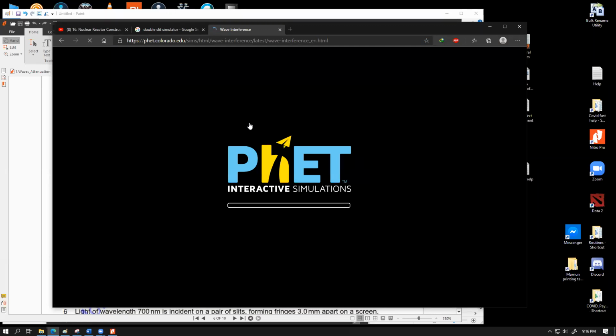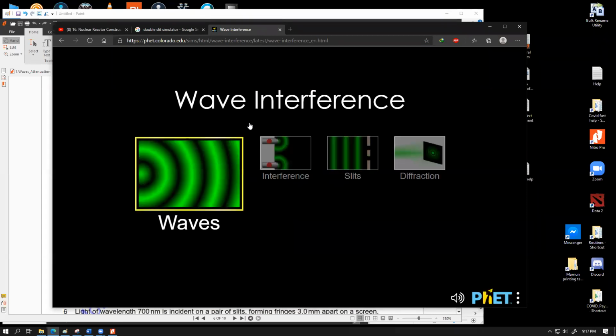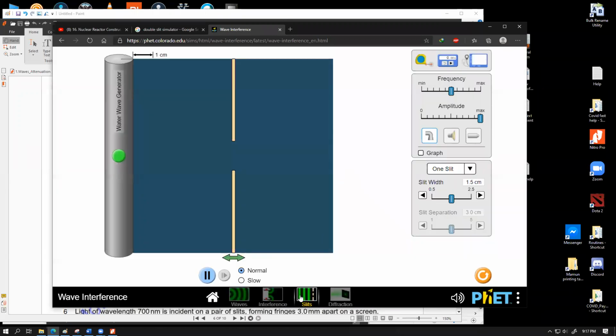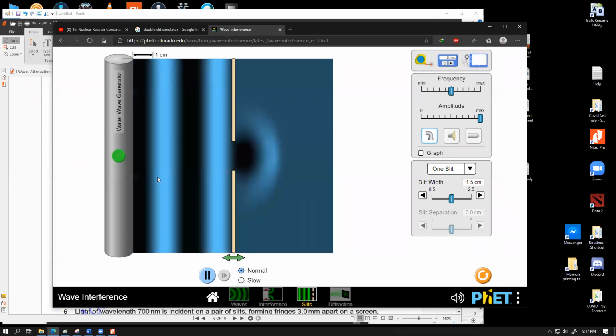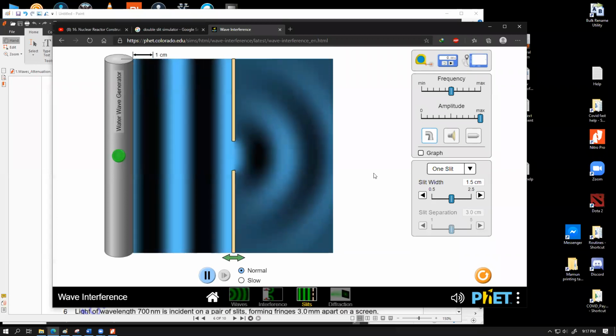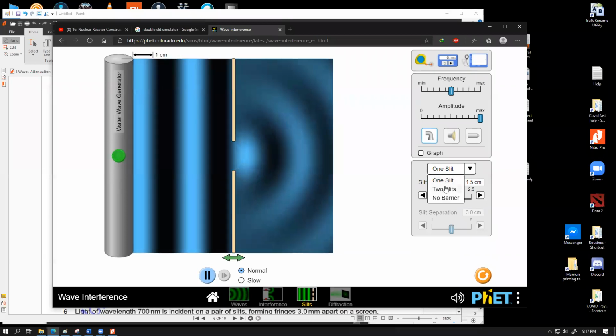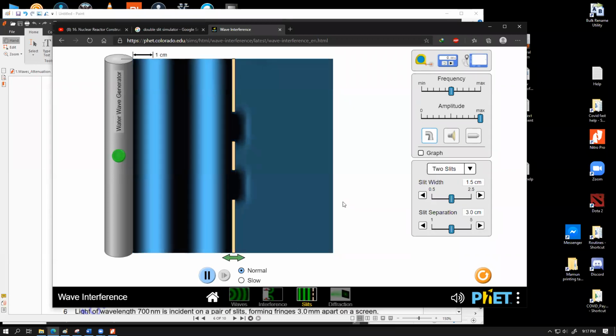Okay. So this is the single wave frequency. Let's use two slits.